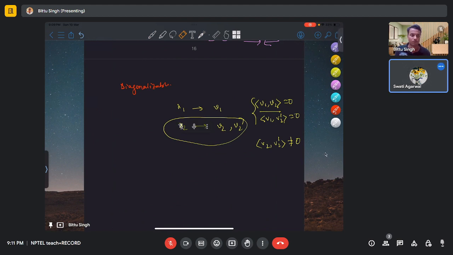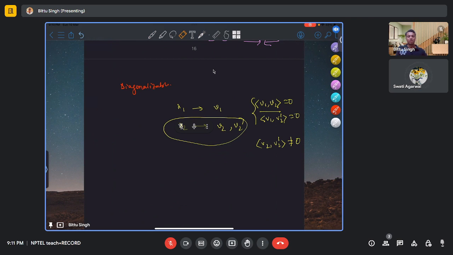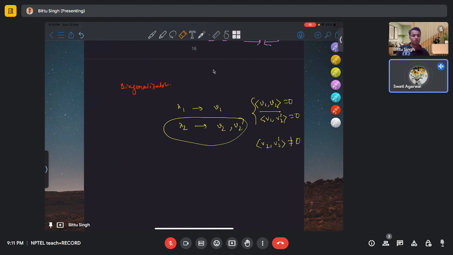Sir, so eigen subspace is the vector space for one lambda, right? Yes, for one lambda. For other lambdas, they may not form an eigenspace. We need to take a single lambda. So he was saying that for a symmetric matrix, all the vectors form a mutually orthogonal set, but now he is saying this may not be an orthogonal set.